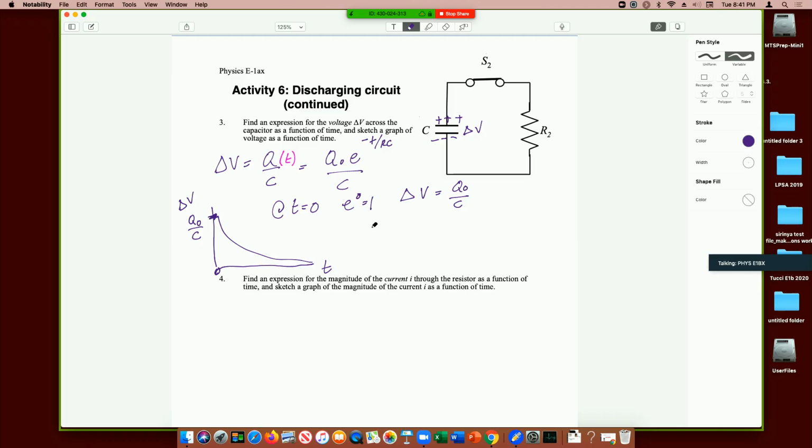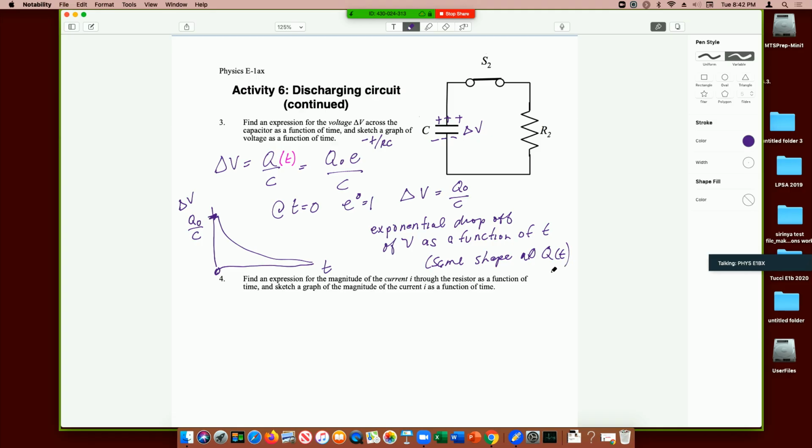We have an exponential drop-off of V as a function of time, and it'll be the same exact shape as the charge as a function of time, because they're mathematically related to each other.